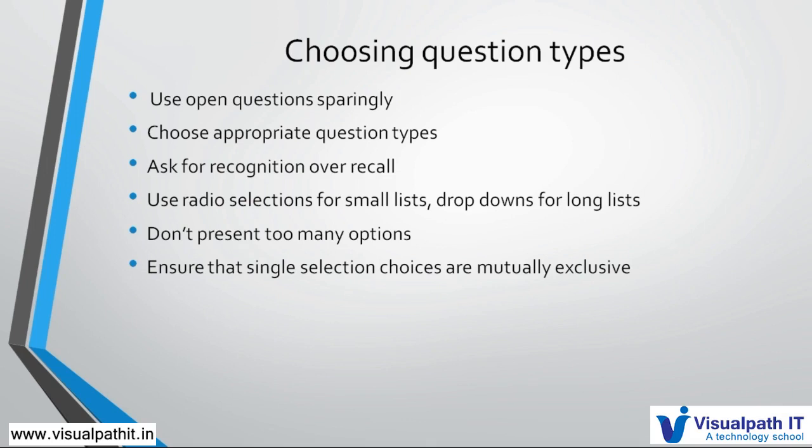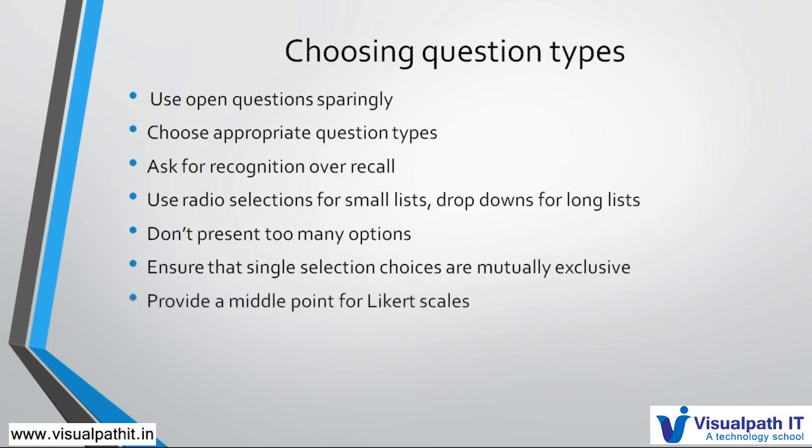For example, a participant will only ever have one title, Mr., Miss, or Mrs., but might have multiple phone numbers, such as mobile, work, or professional numbers. It's generally best to use a radio button or a drop-down for a single selection, and checkboxes where multiple selections might be possible.